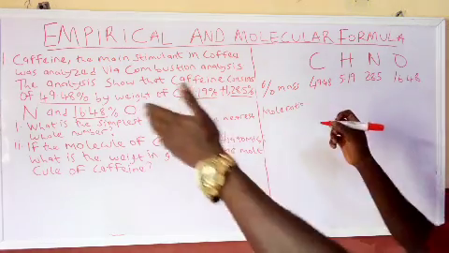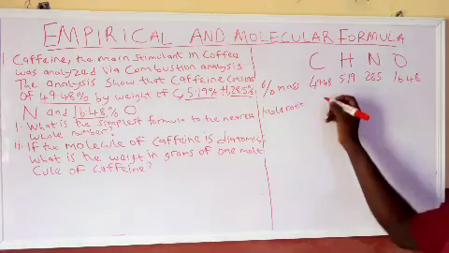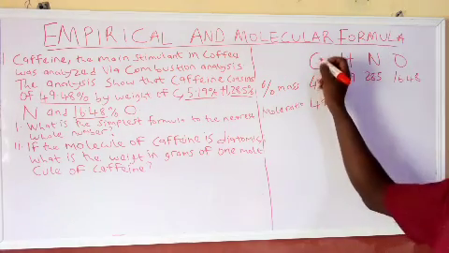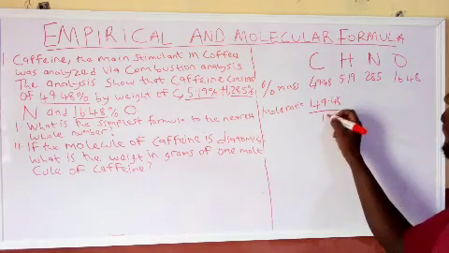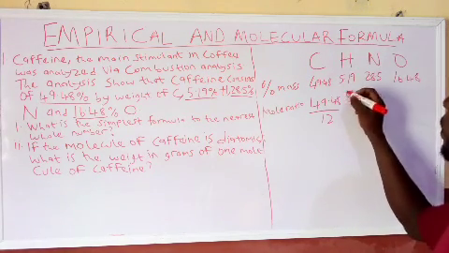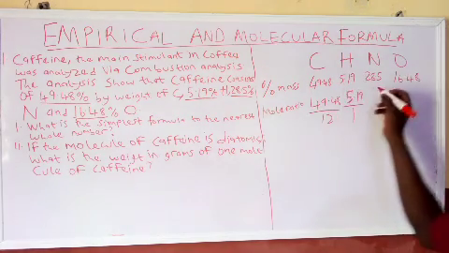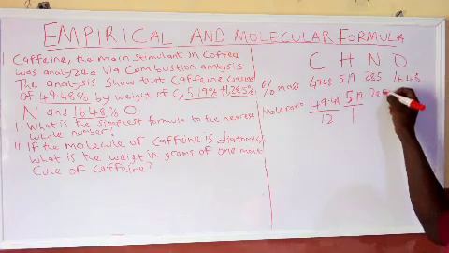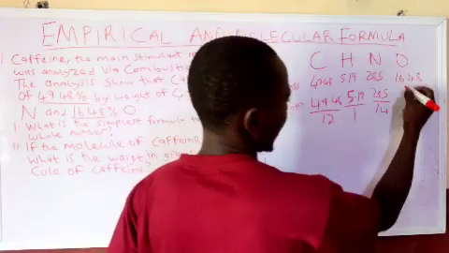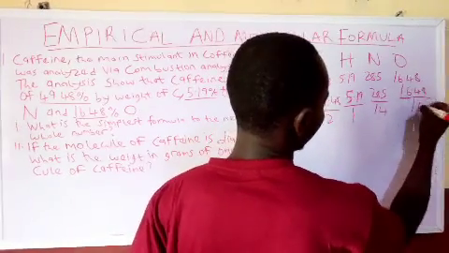So the next thing is mole ratio. And don't forget that mole ratio is percentage mass over relative atomic mass. So that's 49.48 over the relative atomic mass of carbon, that's 12. Then hydrogen, that's 5.19 over 1. Then 28.5 over 14, and 16.48 over 16.